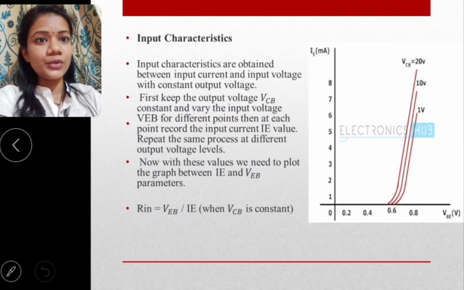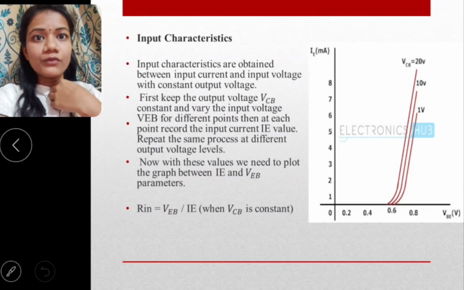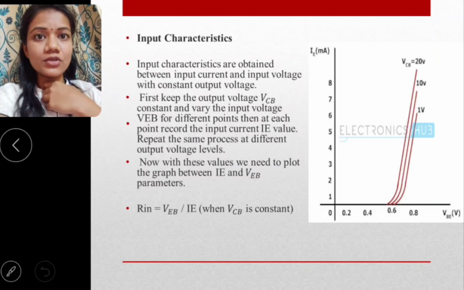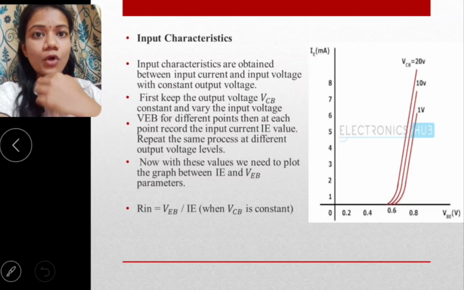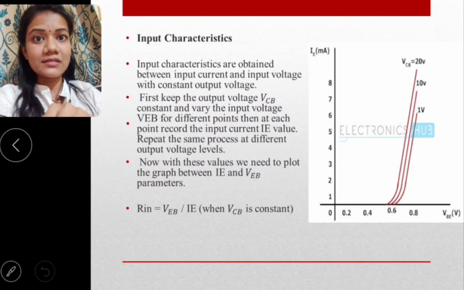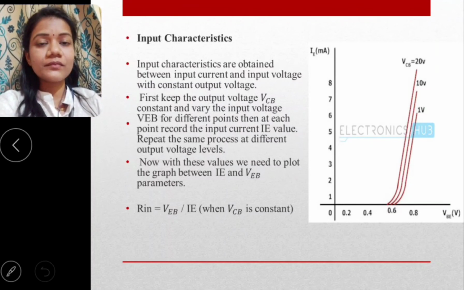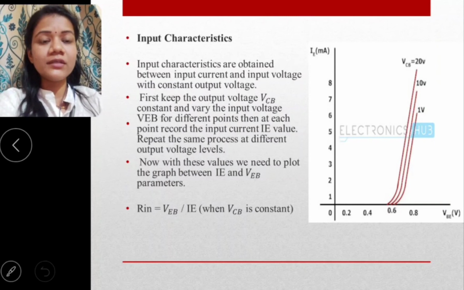So these are the input characteristics. How do we graph the characteristics of a transistor in common base configuration, or in every configuration? The concept is the same, the parameters are the same. While obtaining the input characteristics, the graph is between your input voltage and input current.